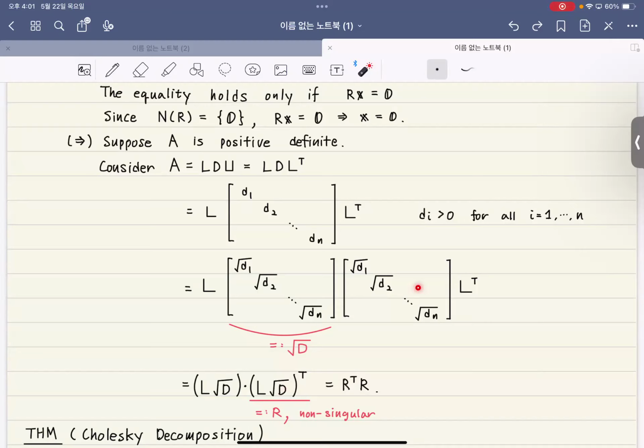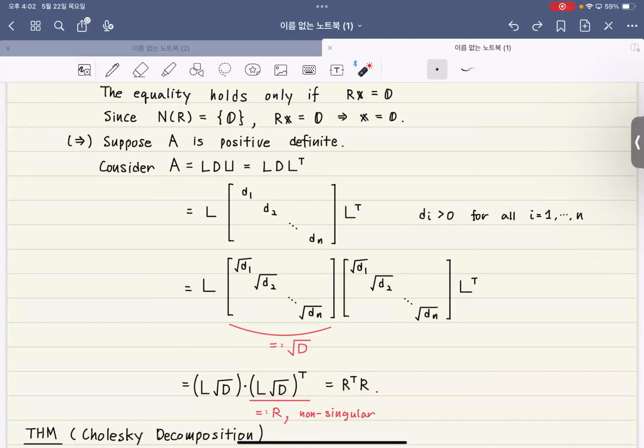Because the square root of D is a diagonal matrix whose diagonal entries are all positive, so it is non-singular, and L is also non-singular, because L is a lower triangular matrix whose diagonal entries are all ones. So L times square root of D is non-singular. Therefore, its transpose must be non-singular too, right? Declaring this to be my R, I have the R transpose R factorization of my matrix A.